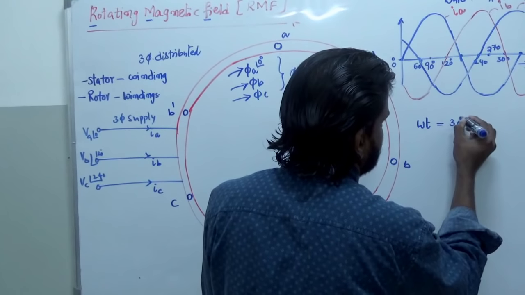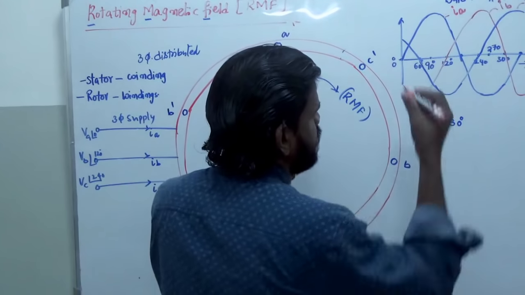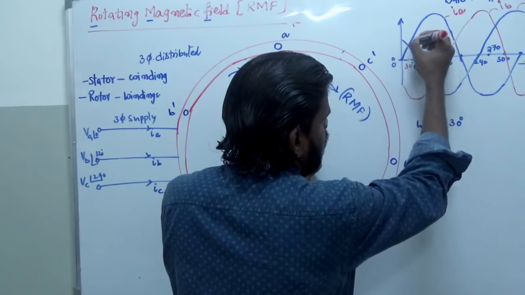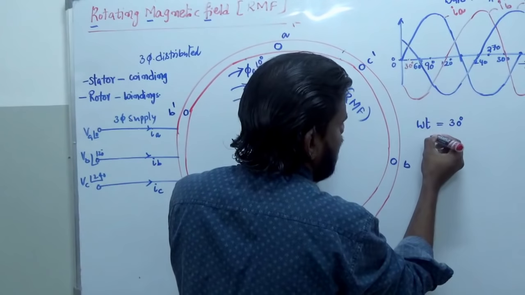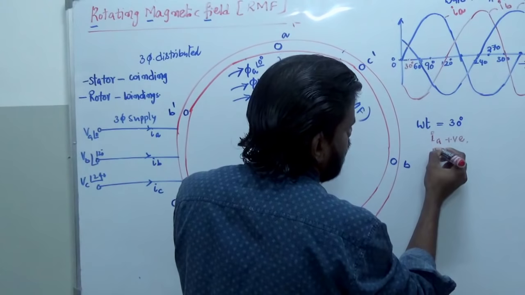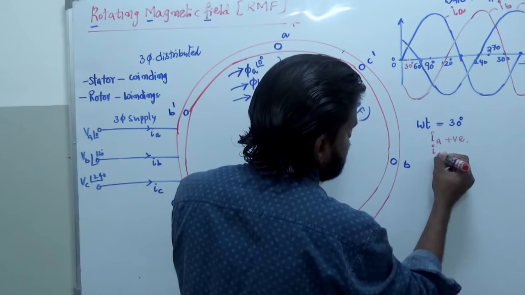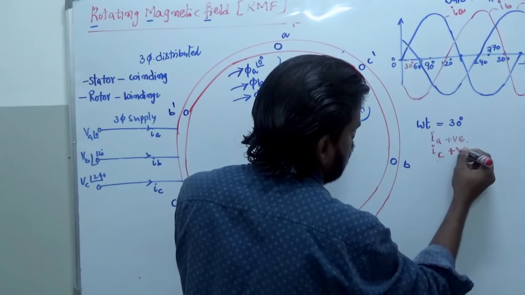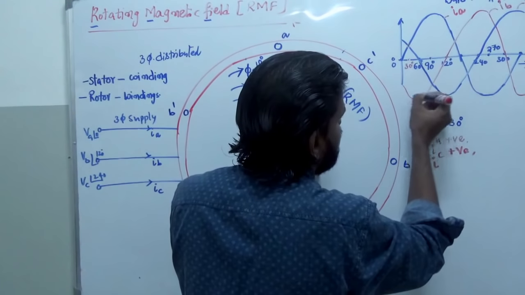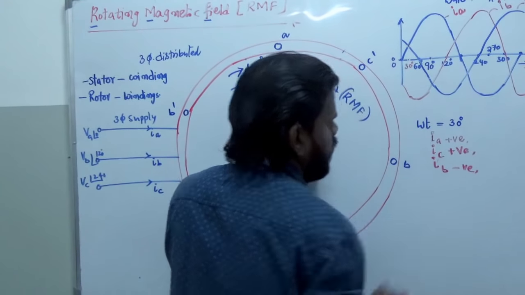If I take omega t equal to 30 degrees, then at this particular 30 degrees point, you have phase A, IA positive, and IC positive, and then IB is negative. So what is it, my dear?